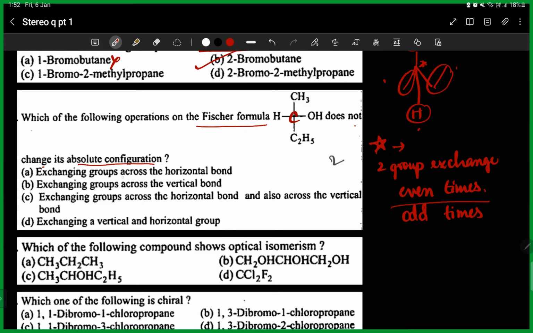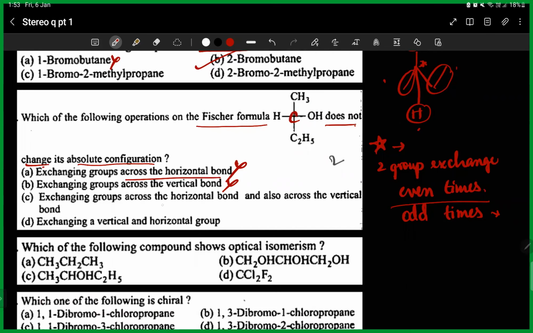So exchanging groups across horizontal bond. What does it mean? You are doing two group exchange one time, so it would change the configuration. They are asking which does not change the configuration. Exchanging groups across vertical bond, here also you are doing a two group exchange one time, so it would change the configuration.